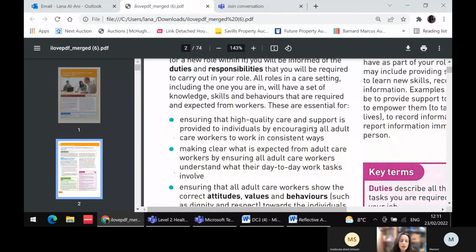If I talk about myself, I will say as a care worker, I work in a nursing home. My duties are to ensure high quality of support that I provide for my clients. I encourage them to tell me what they need, and I always do it for them.